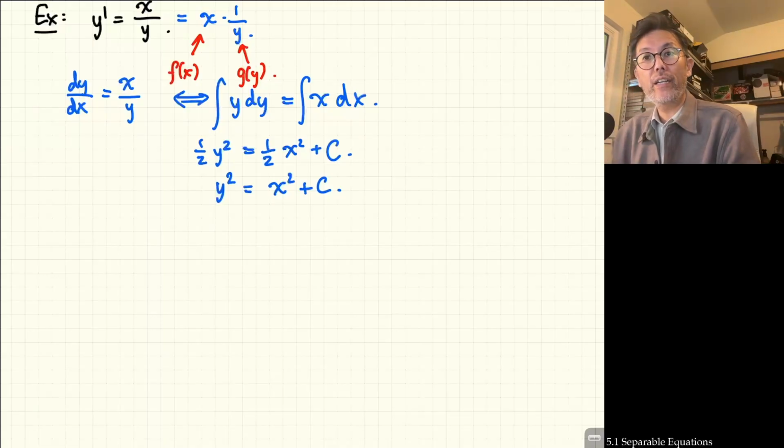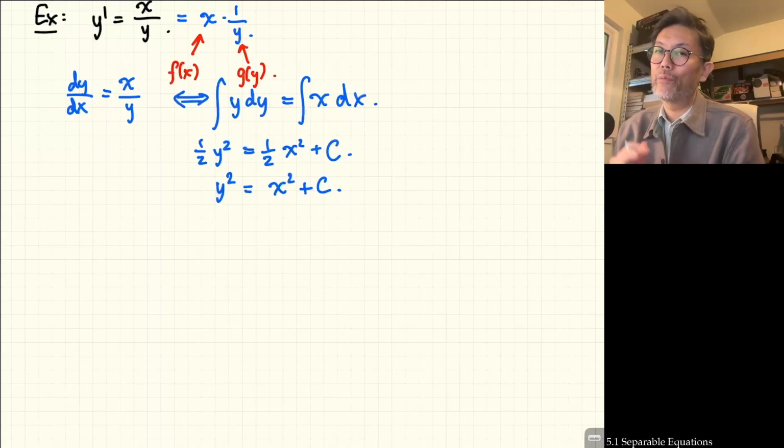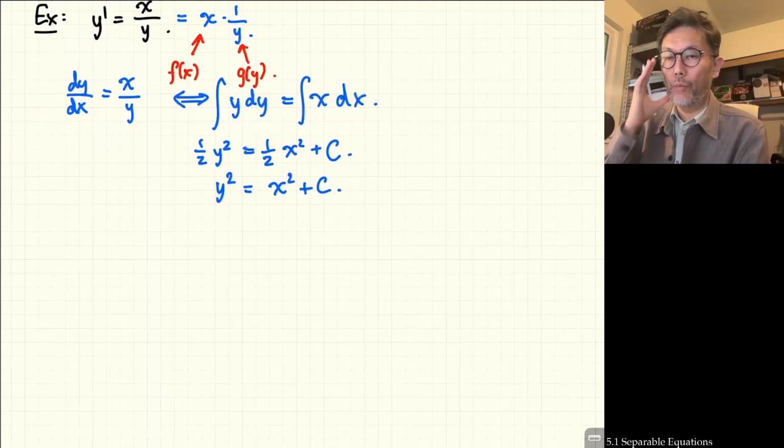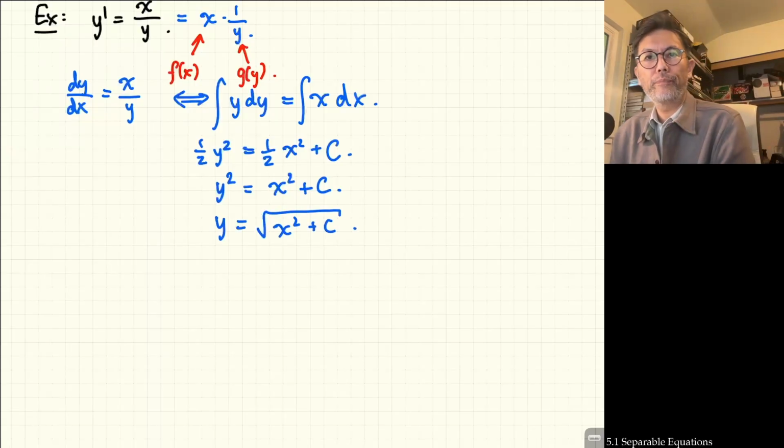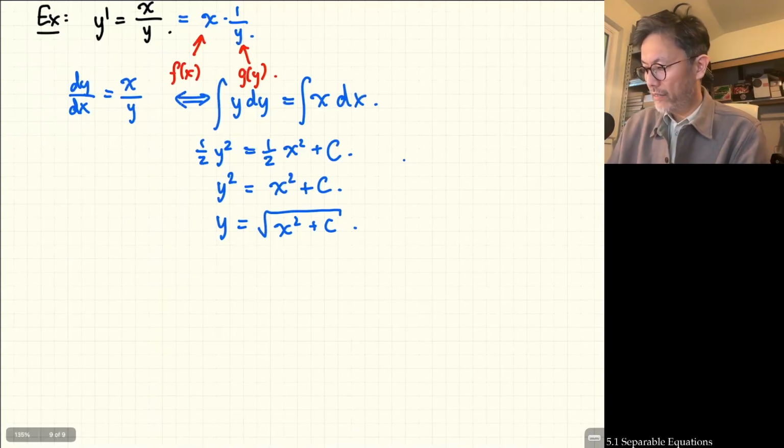And then I'm going to take the square root of both sides. Now, this is where a lot of students make a small mistake. The mistake here is just writing y is equal to the square root of x squared plus c. This is incorrect. And it comes from the fact that you think that the square root of y squared is equal to y.